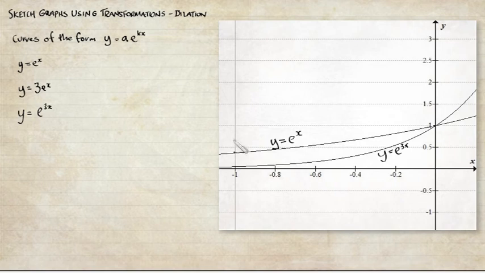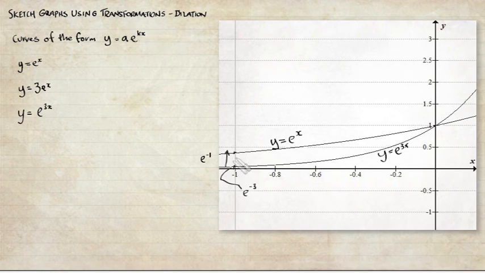And you can see at the point where x was -1, on the original curve y would be equal to e to the -1, or 1 over e. On the new curve y equals e to the 3x, at the point where x is -1, that's now equal to e to the -3, much smaller than our original curve.